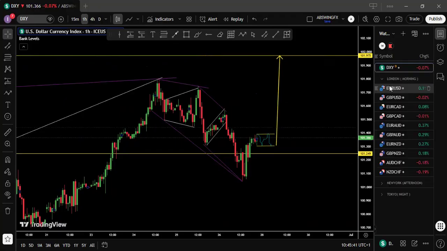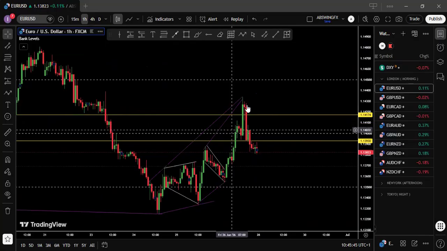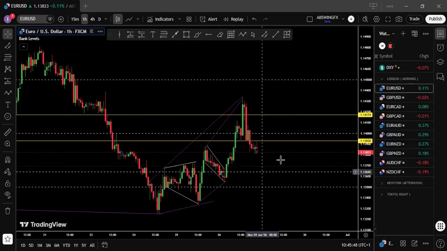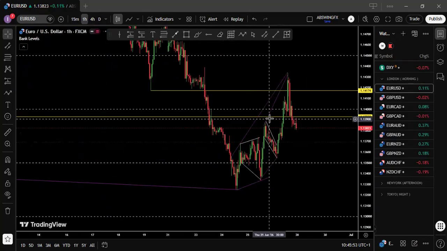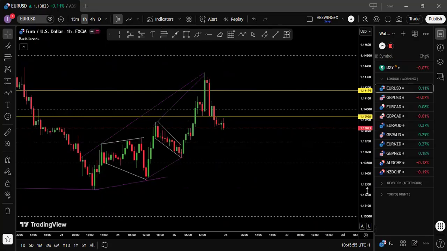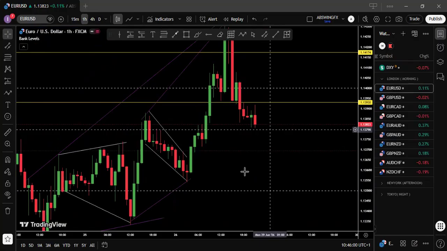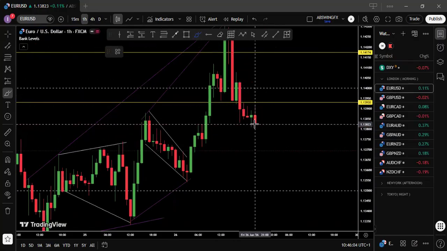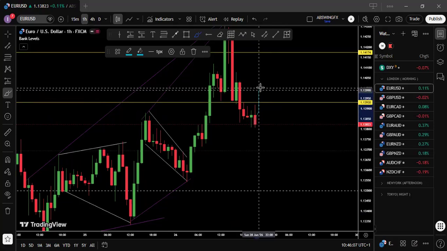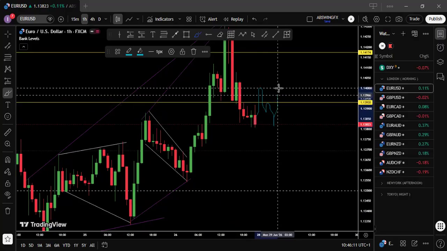So same thing as Euro USD. This is the actual direction, and you can see banking level here. I expect this price action at least comes back here first, then comes back here second.